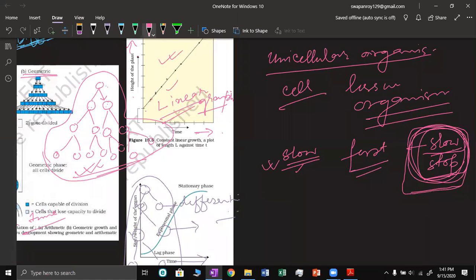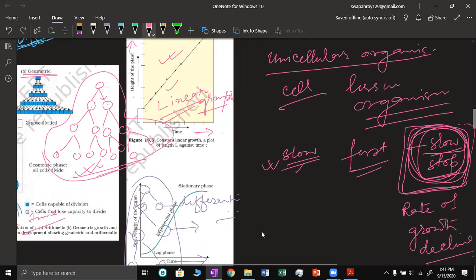And when the conditions are not favorable for growth, then the rate of growth declines. Okay, so this happens. You can see this in this graph.